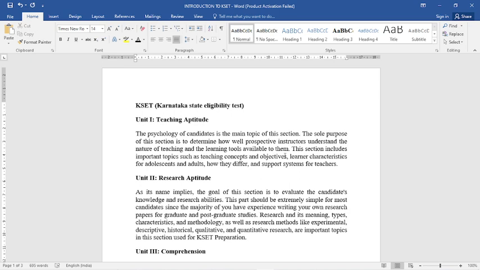So here my objective is to teach you all the syllabus of the first paper. And learner characteristics means, when any student is learning, what are the characteristics of a particular learning student. For adolescents, that is kids, and for adults, means younger people, how they differ, how one student is different from another student, and support systems for teachers. All this is going to be covered in teaching aptitude.